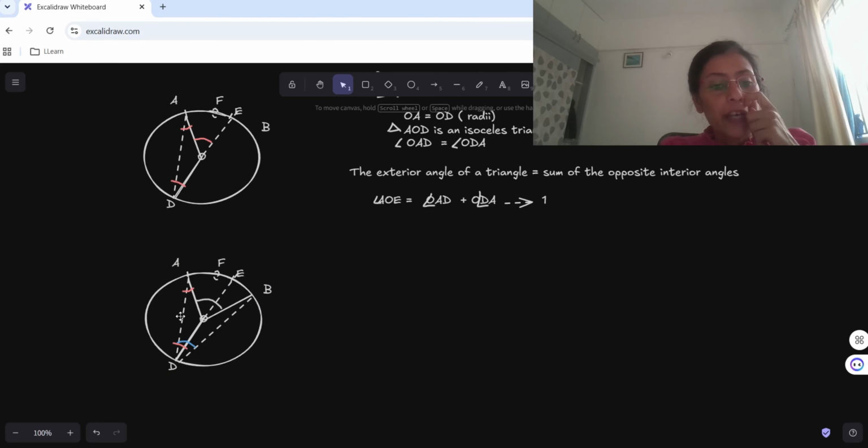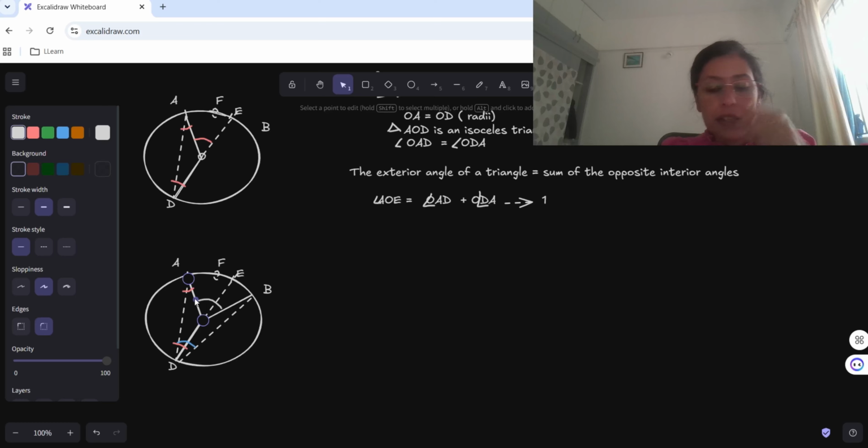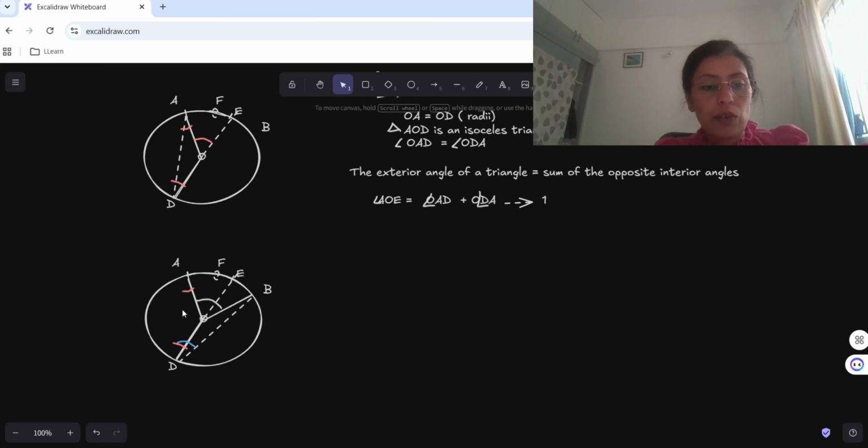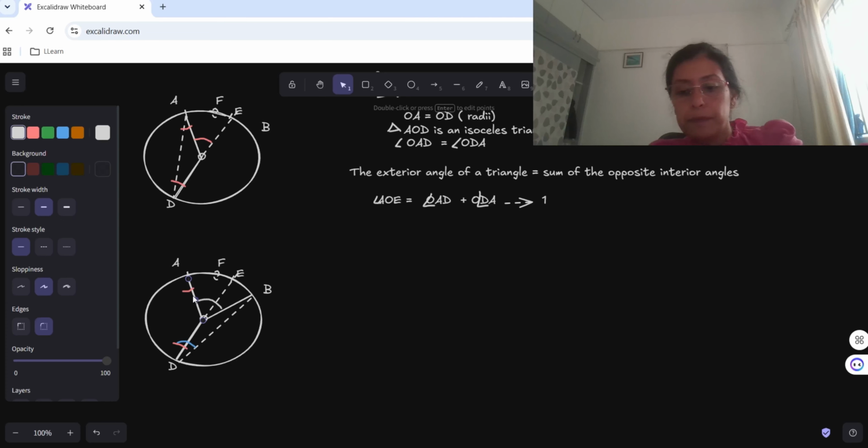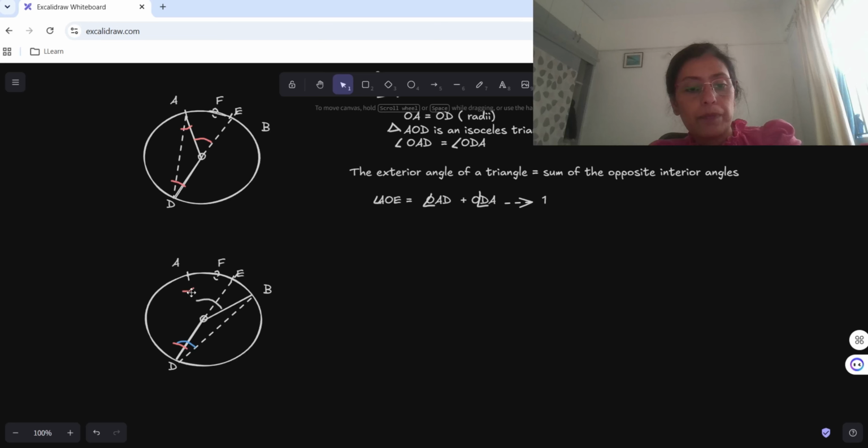What we'll do here is, now I'll just remove this side of the triangle. For some reason my keys are not working properly. Okay. Remove this, remove this, remove this.